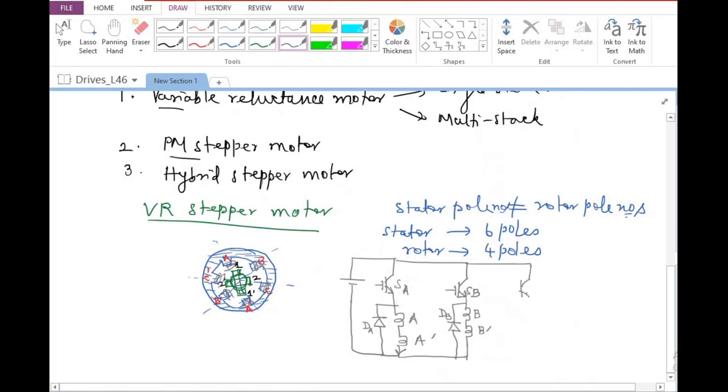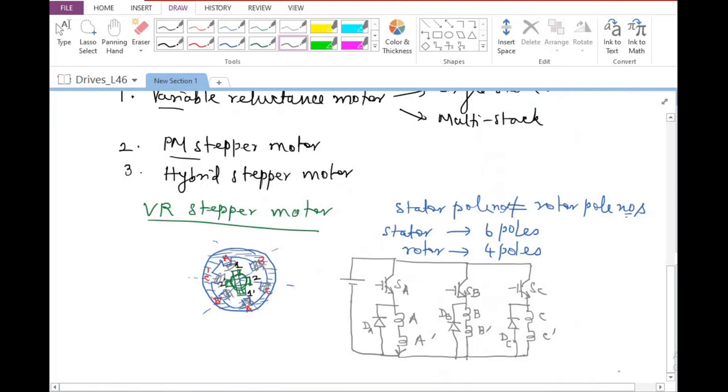And similarly, this is going to have SC, which is also going to energize C and C dash from the same DC supply. The DC supply is common to all 3 phases. So this is a very, very simple converter, which allows either the winding to be energized or the winding flux to be defluxed using the diodes DA, DB and DC respectively.